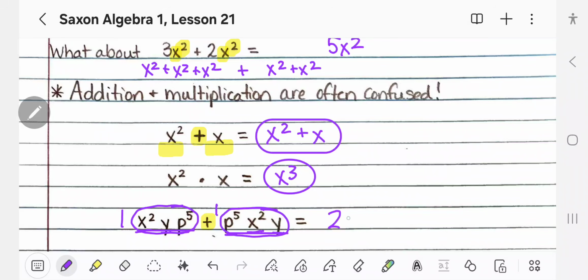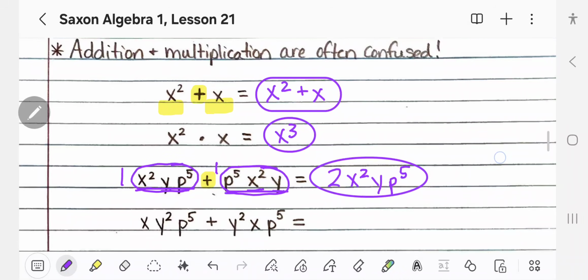So I have 2 x squared y p to the 5th. And that's my answer. I can simplify that. Those are like terms. Here, I have an x, y squared, p to the 5th. I have an x, y squared, p to the 5th. There's 1 of these and 1 of these. So my total is 2 x, y squared, p to the 5th.